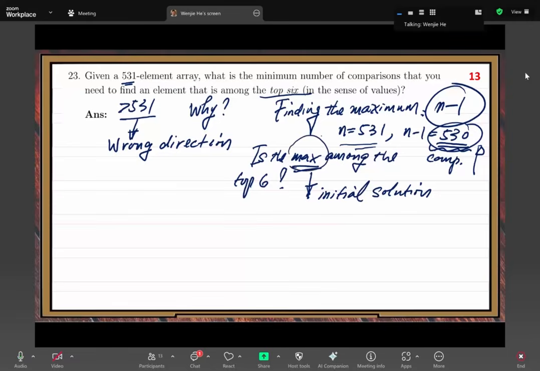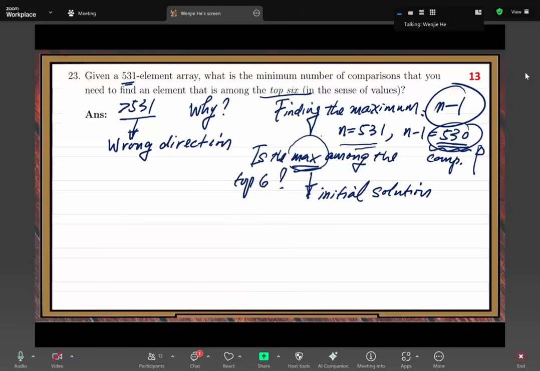You should not do this much work. That means the number of comparisons you use should be even fewer than this number. Because with top 6, you have some room to manipulate.